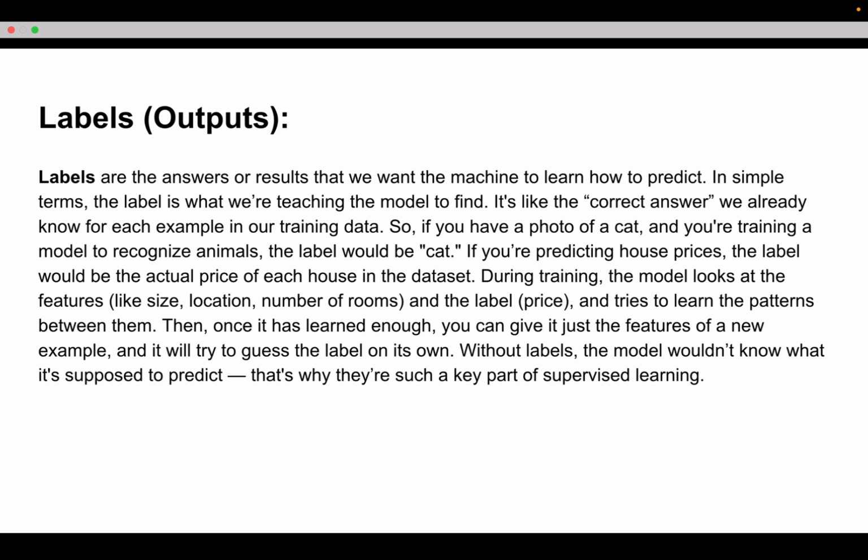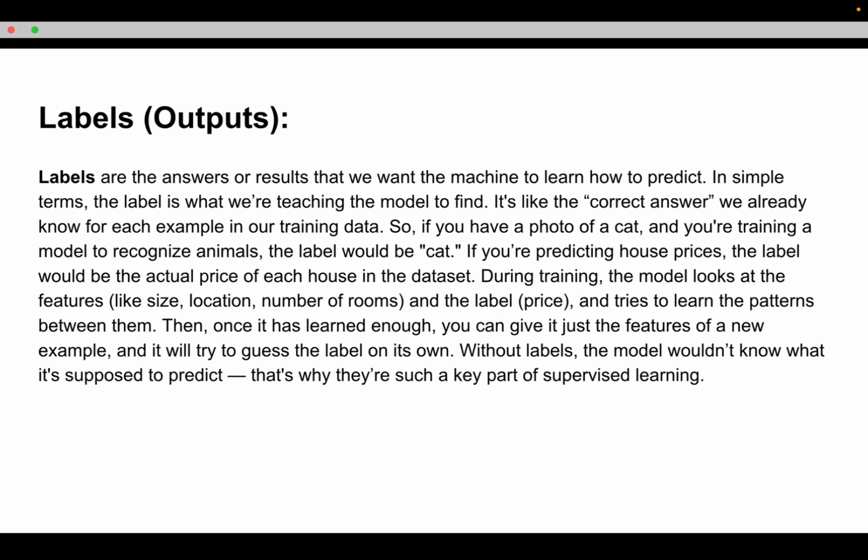So, if you have a photo of a cat and you're training a model to recognize animals, the label would be cat. If you're predicting house prices, the label would be the actual price of each house in the dataset. During training, the model looks at the features like size, location, number of rooms, and the label, that is the price, and tries to learn the patterns between them.